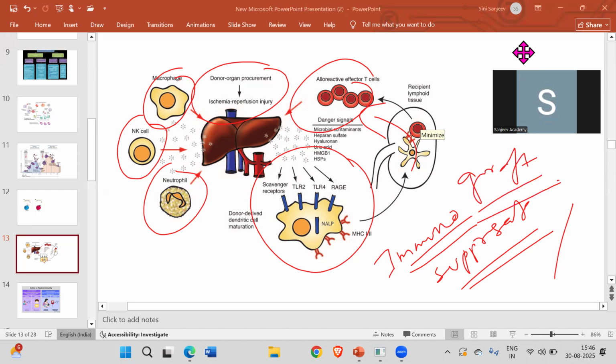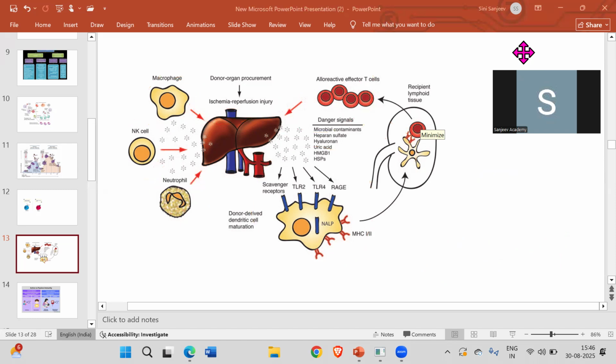So this is transplantation and immune response.